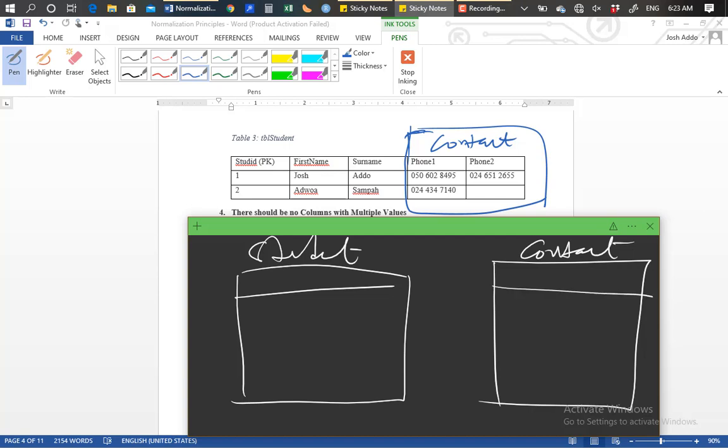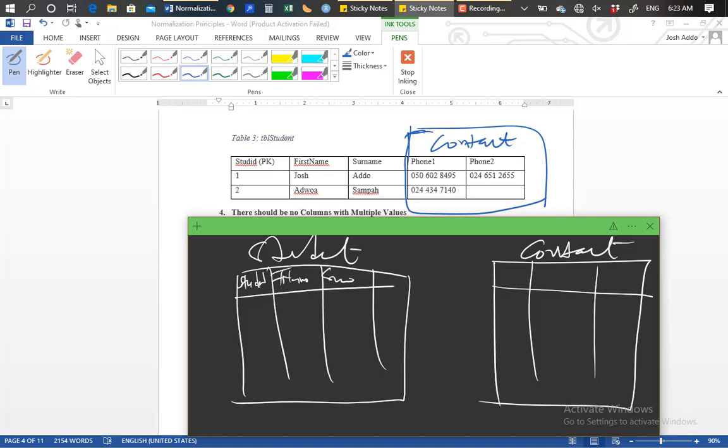So these are column headings, which is student, first name, surname, and then we have, because we should have a primary key column for this table, we have to bring that ID.